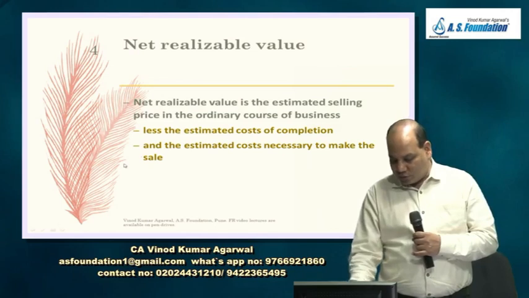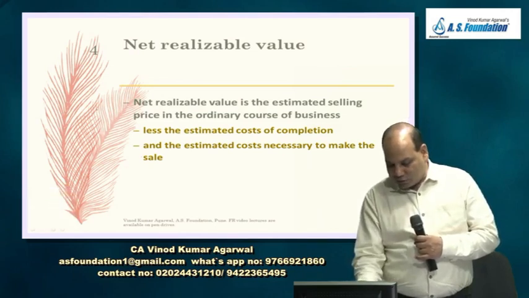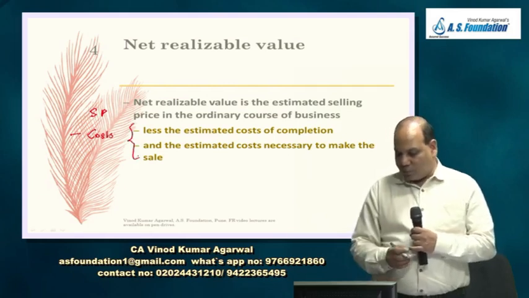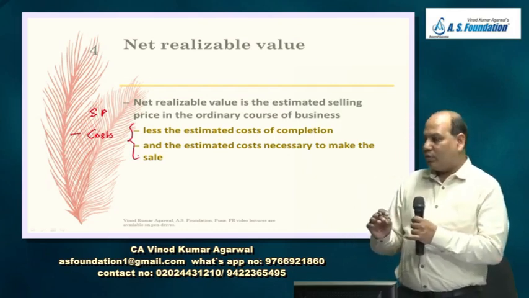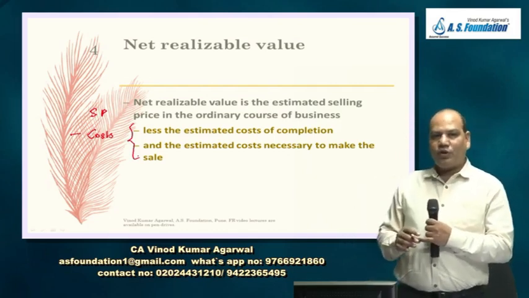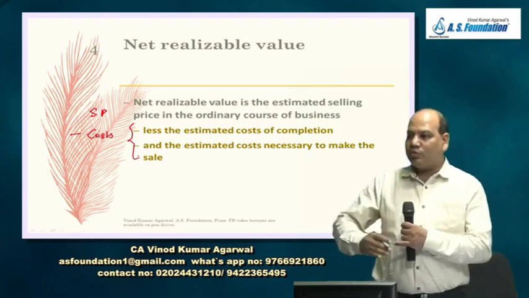So do the reverse working. Take the selling price minus those costs required to complete the sale, and if the product is not in the finished goods stage, some cost that might be required to complete it.